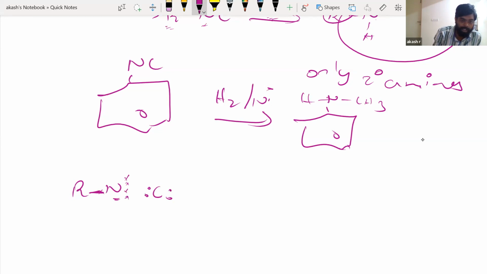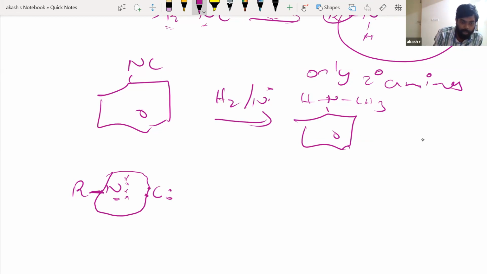Say nitrogen already has 1, 2, 3, 4, 5, total 5, and one more bond is coming in the form of this R. So already it has 6 electrons. So nitrogen requires only 2 more electrons to satisfy its octet. So nitrogen will take carbon's 2 electrons like this and get its octet satisfied.